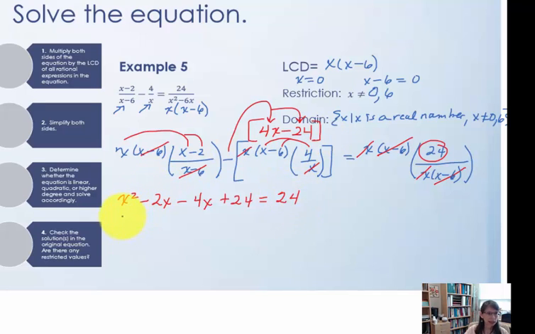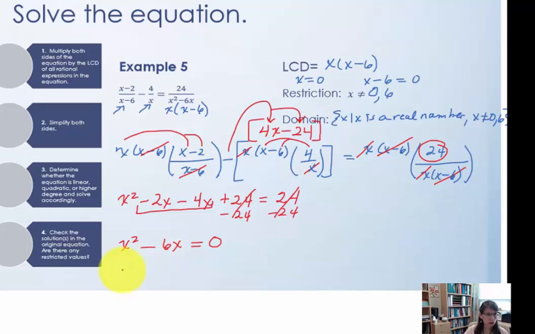Now to collect our like terms, since it is quadratic, I want to subtract this 24 from each side. So I now have x squared. There's some like terms, that's minus 6x. 24 minus 24 is eliminated, and it's also equal to 0 on the right-hand side. So I have x squared minus 6x remaining. That's only 2 terms, so I can use some greatest common factor.